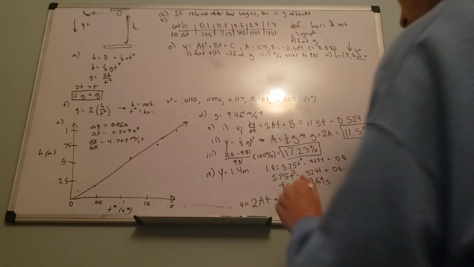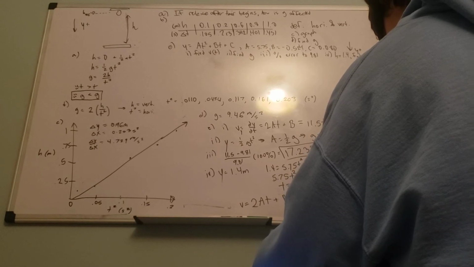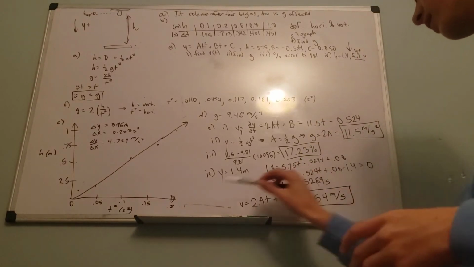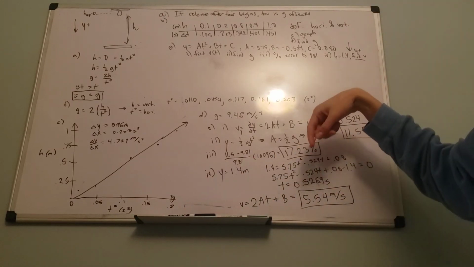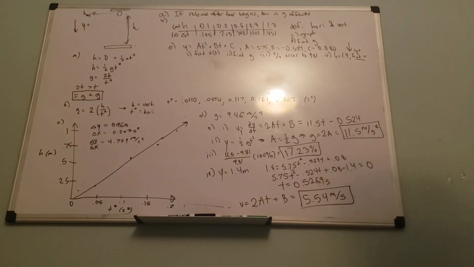And that is going to run to 5.54 meters per second, which makes sense because we're going down, and we define down as positive y, so we're going to have a positive velocity.